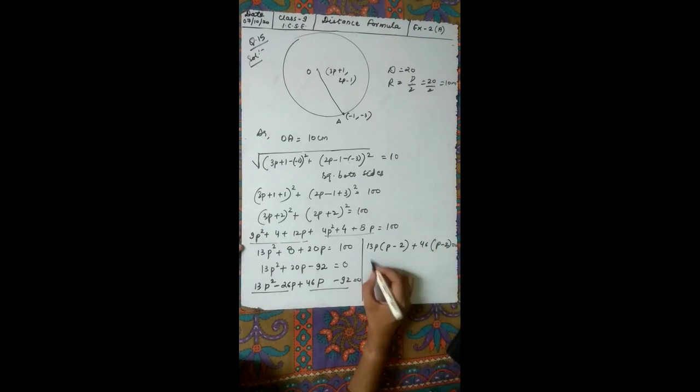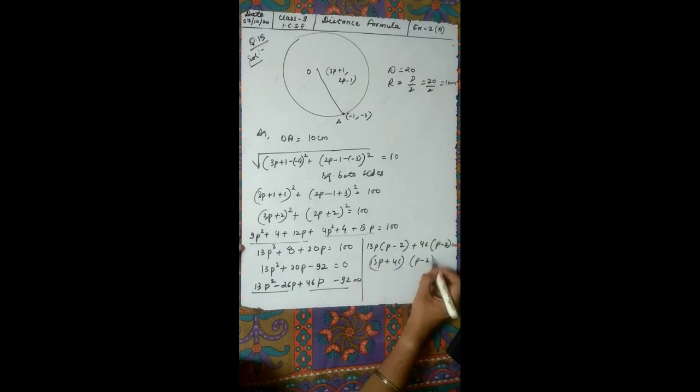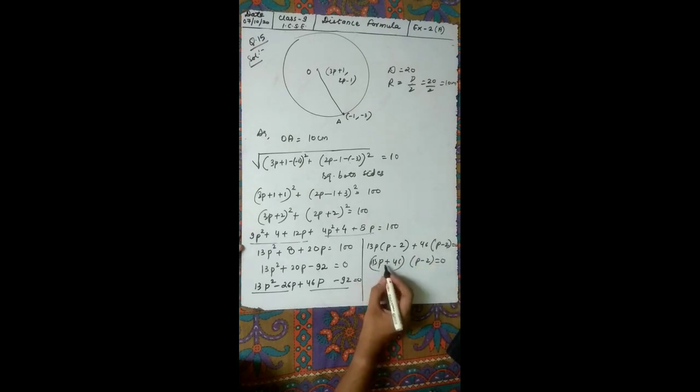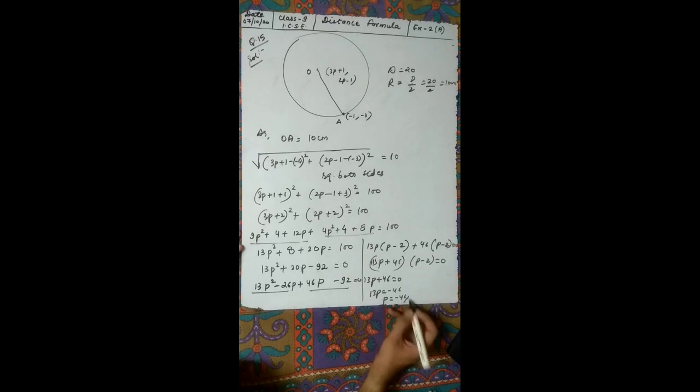So (13p plus 46)(p minus 2) equals 0. Consider this bracket equal to 0: 13p equals minus 46, or p is equal to minus 46 upon 13. And from the other, p is equal to 2. So we have two values of p, one 2 and another minus 46 upon 13.